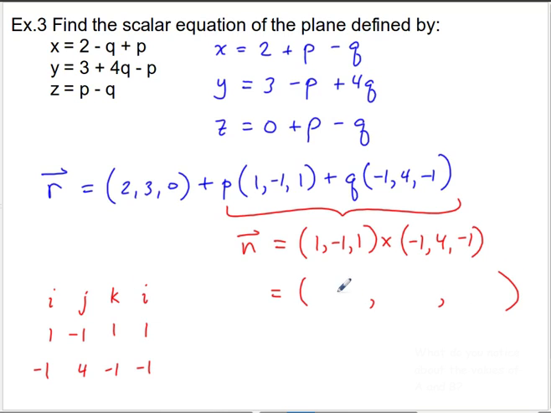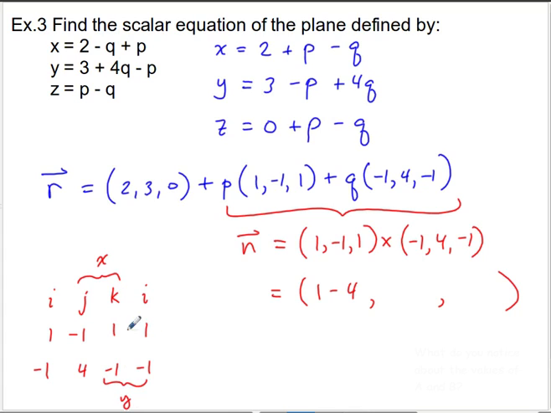My x component is going to come from these two. I'm going to get negative 1 times negative 1 is positive 1, minus 1 times 4. So that's 1 minus 4. My y component is going to come from these two.